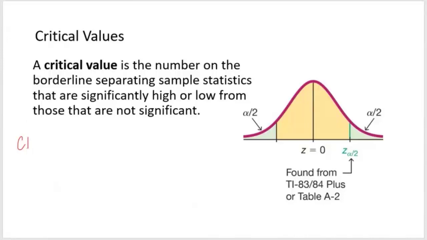But if we have a confidence level of 95%, then that tells me that alpha would be 0.05, representing that other 5%. But if that is the case, then alpha over 2 would be half of that, and that would be the area that is in one tail.